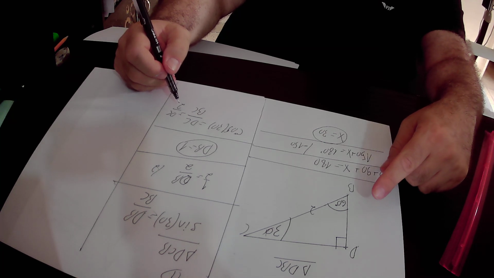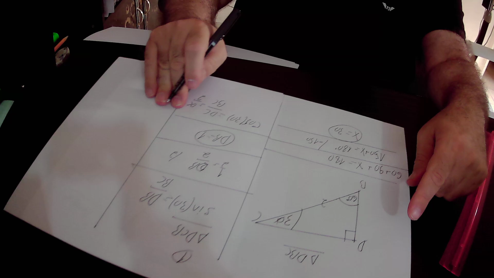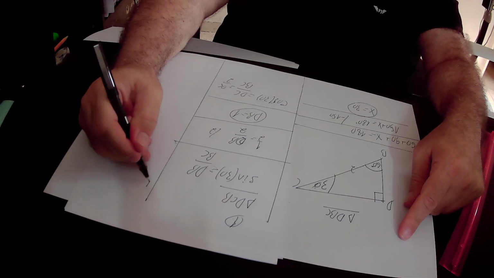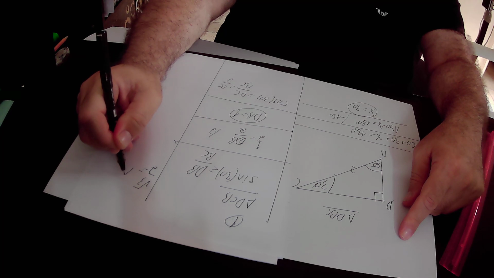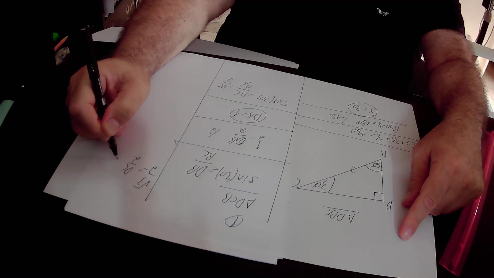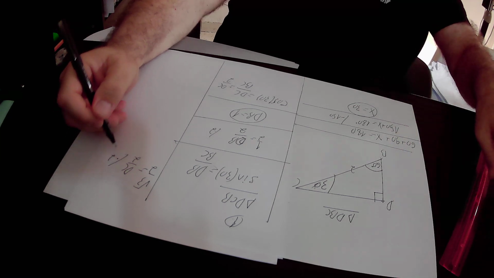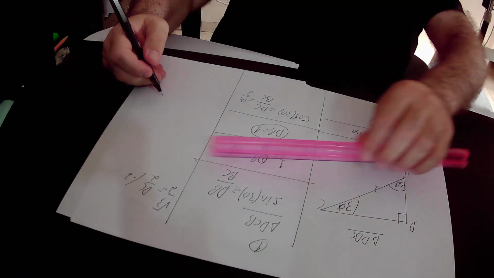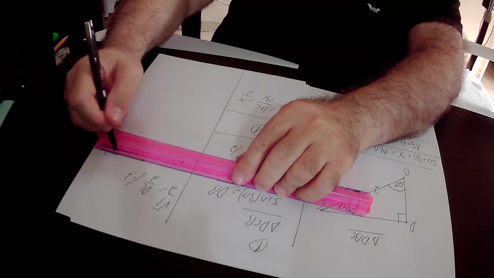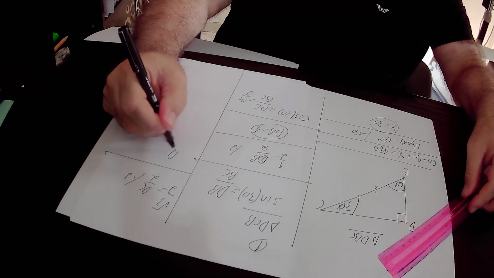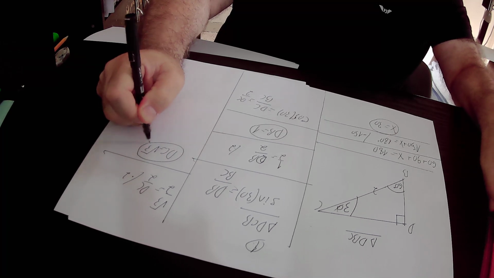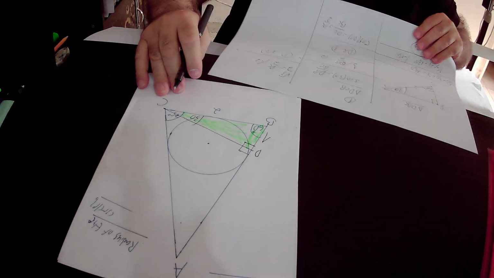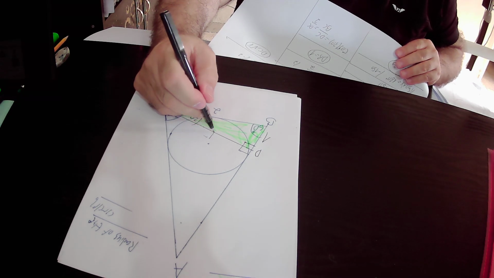Cosine 30 degrees is equal to square root of 3 over 2. So square root of 3 over 2 equals DC over 2. We multiply this equation by 2 and we get that DC is equal to square root of 3 units.